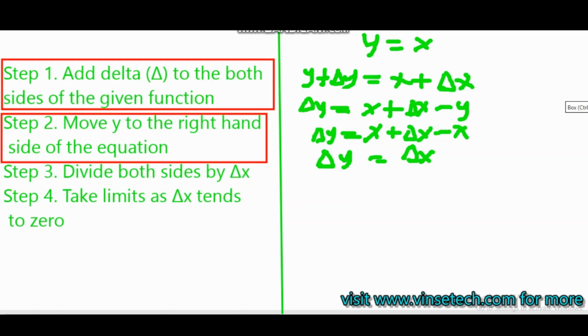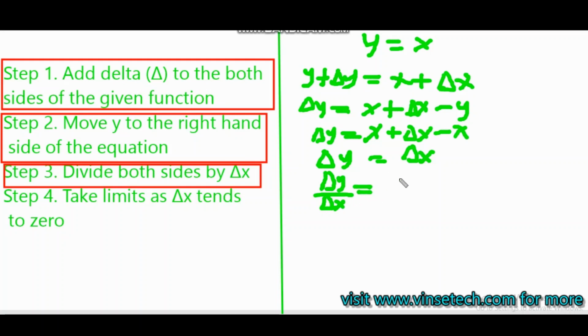So we now move to step 3, which is divide both sides by change in x. Dividing both sides by change in x, we now have change in y all over change in x is equal to change in x all over change in x.